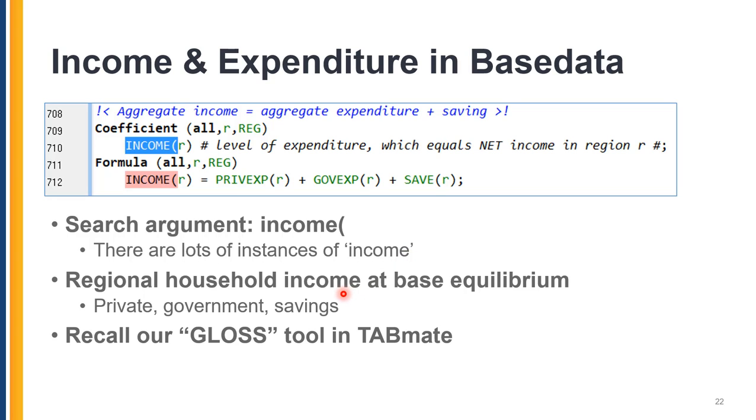The variable we're going to go for is this coefficient, which reads in the original or the base level income, private, government, and savings. And then we'll use our gloss tools to move around the code and look at some other things, as well as open run GTAP. I'm going to open run GTAP, and we'll start from there and pull out into the code and work our way from the code to the data.